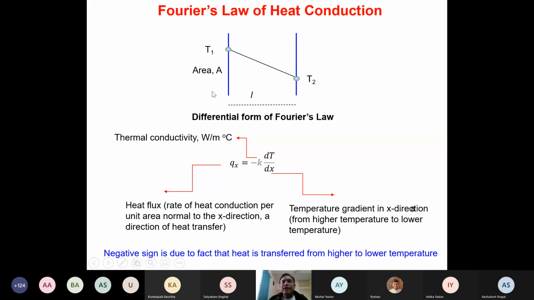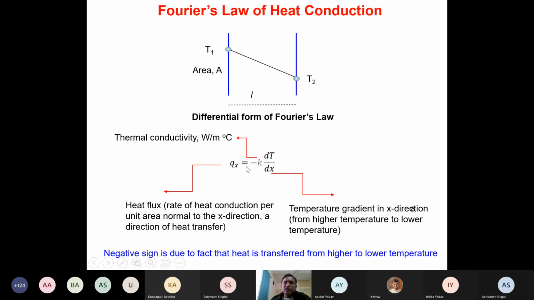Again, this Fourier's law of heat conduction is now given in a differential form. So in differential form, Qx equals minus K dT by dx, where Qx is the heat flux, the rate of heat conduction per unit area normal to the x direction, the direction of the heat transfer. The minus sign is primarily because the heat is transferred from the higher to the lower temperature.